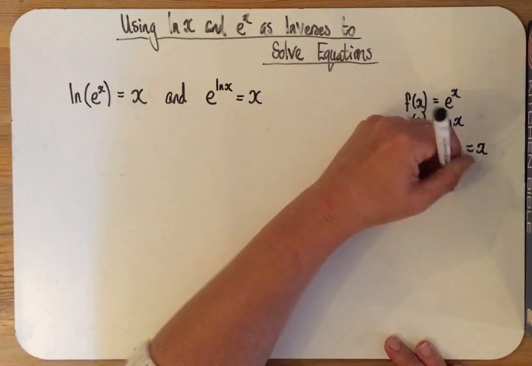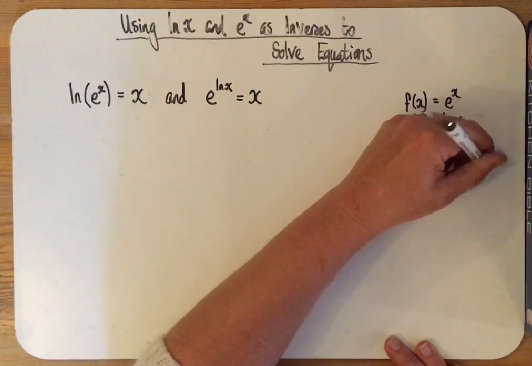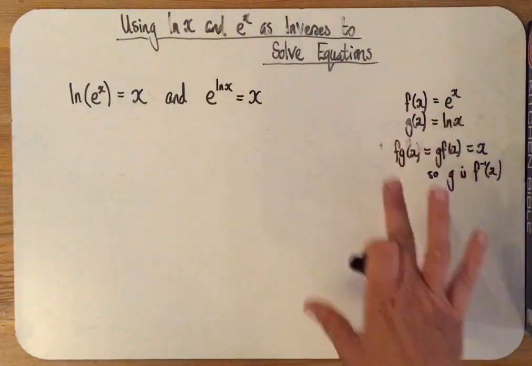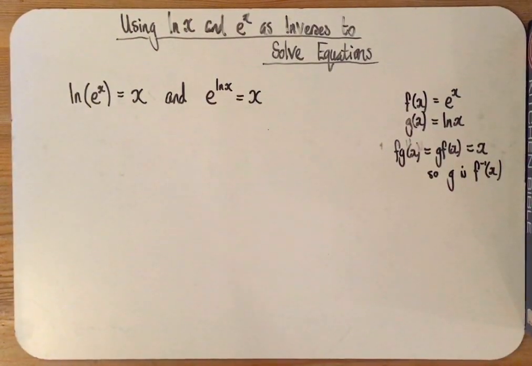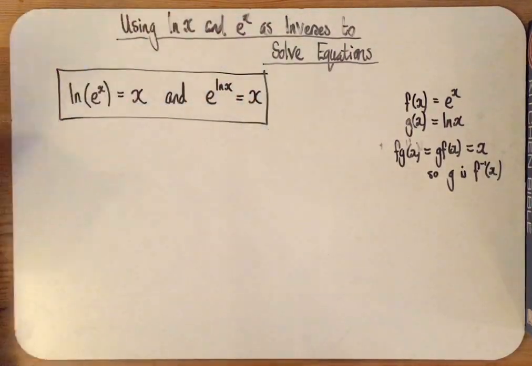So g is the inverse of f, if that helps. It's composite functions that we're doing there. So you can think of them that way. You need to be able to use this to solve equations. So that's kind of really the result that we're using.